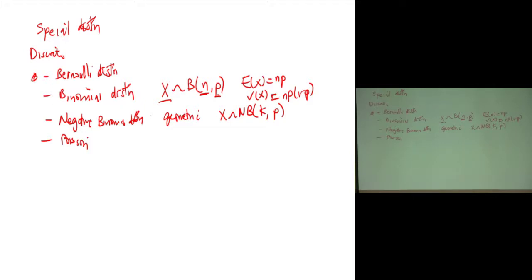The geometric distribution is a special case with k equal to 1. That means we want to know how many trials before we get the first success.